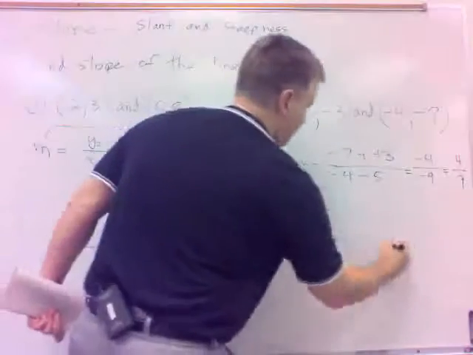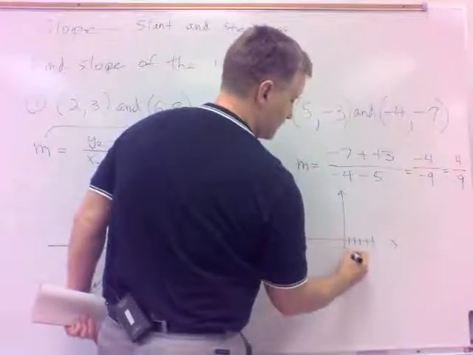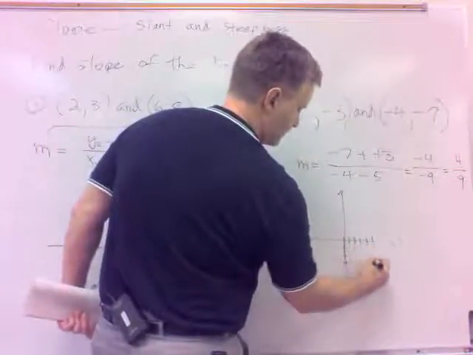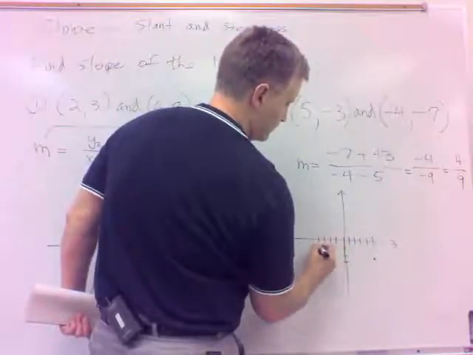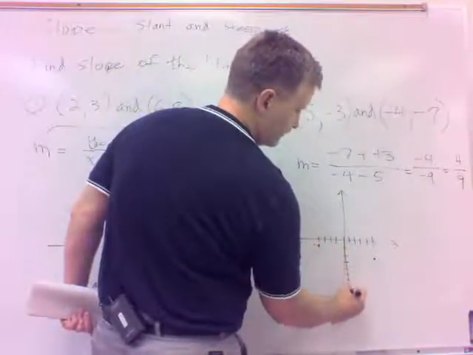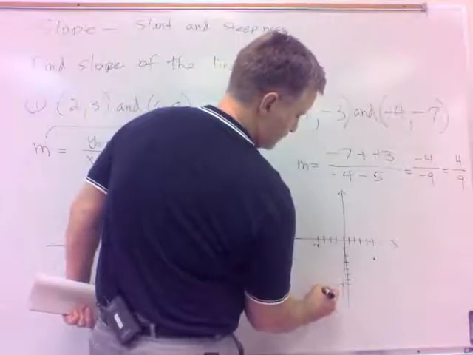And then I've got 5, negative 3, and negative 4, 7. Somewhere like that.